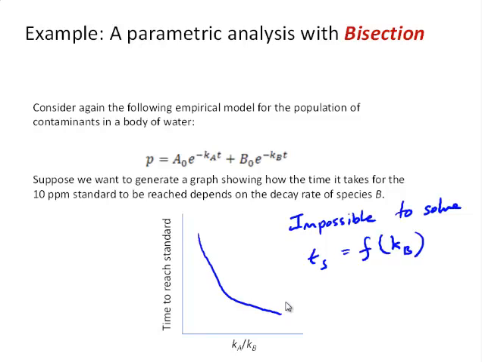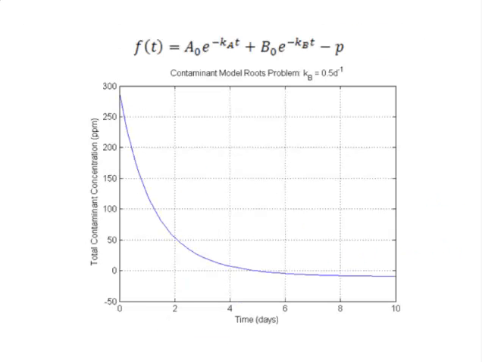Well, what we can do to get through that roadblock is to formulate this as a roots problem. And if we formulate this as a roots problem and plot it, we get something like this. Here's our roots problem formulation.